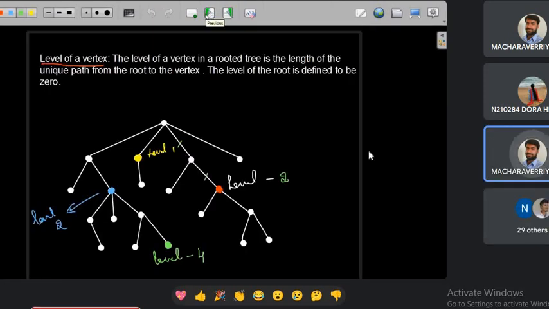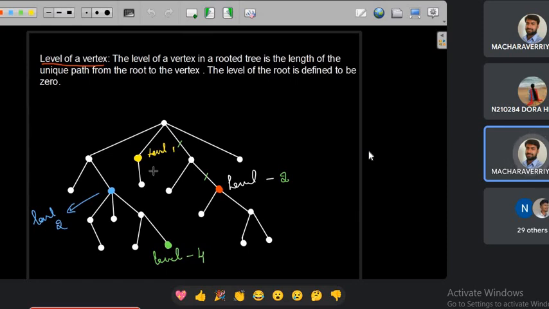Now let us define what a balanced tree is. Okay, before that I'd like to define the height of a rooted tree. So the height of the rooted tree is nothing but the maximum length from the root to any vertex.